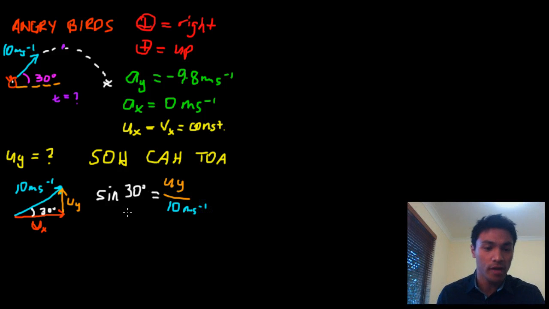Beautiful. So if your calculator is in degrees, if you do sine 30, it's going to be 0.5. But if your calculator is in radians mode, you need to put sine of pi over 6, which is going to be the same thing. It's still going to be 0.5. Sine of 30 is going to be 0.5.